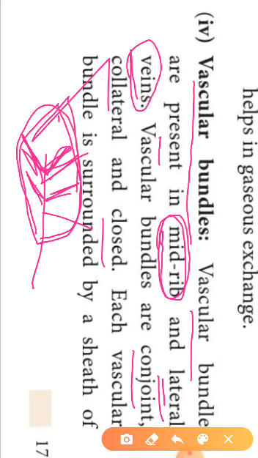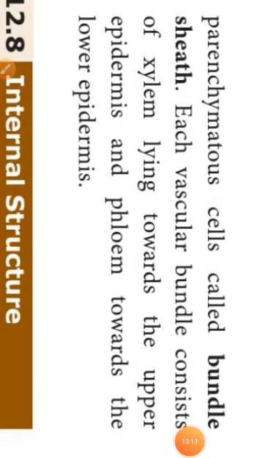Each vascular bundle is surrounded by a sheath of parenchymatous cells called bundle sheath. Each vascular bundle consists of xylem lying towards the upper epidermis and phloem towards the lower epidermis.